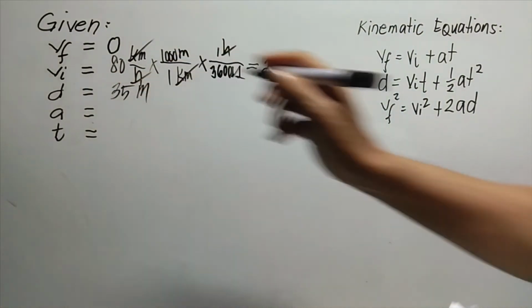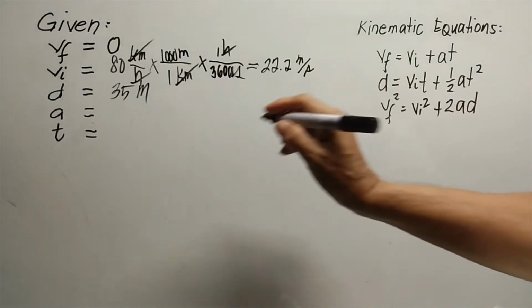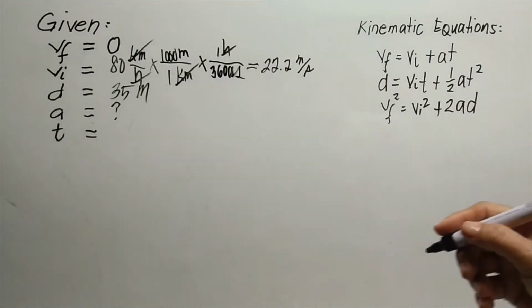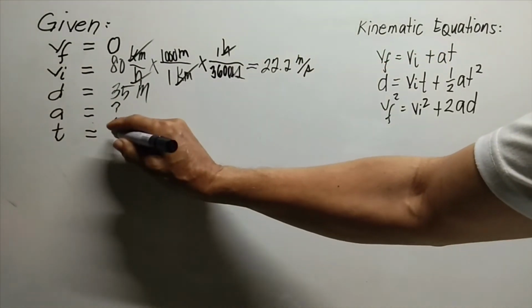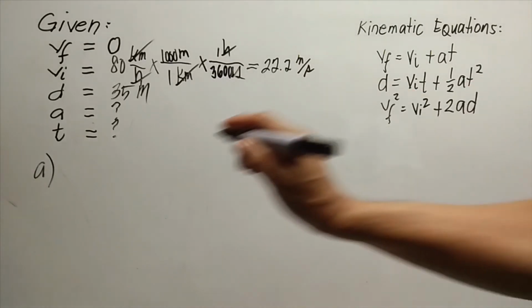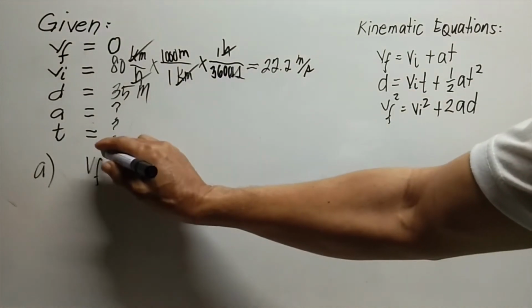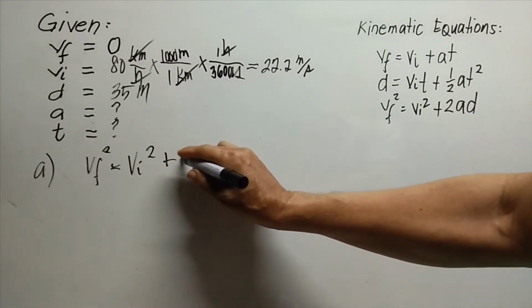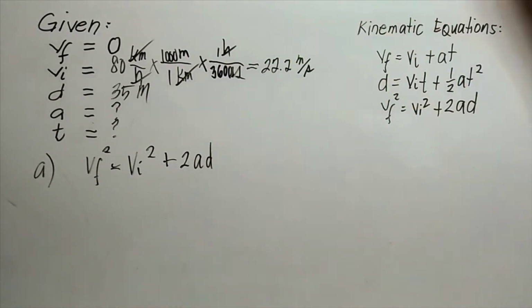Next, the displacement is 35 meters. The acceleration is unknown and time is unknown. For the solution for problem letter A, we are going to use the formula Vf squared is equal to Vi squared plus 2AD. Next is substitute all the given information to the formula.